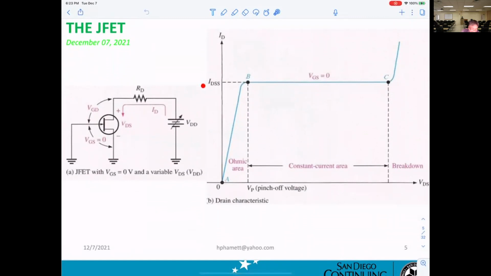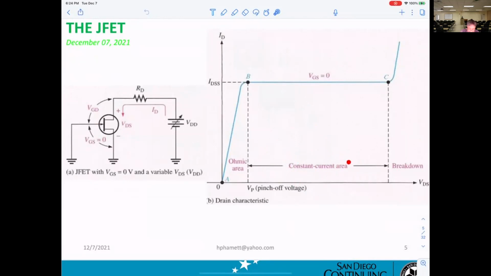So if VGS equals 0, then you get the maximum current. That's what they call IDSS. IDSS means the maximum current when VGS equals 0. So from B to C, this area is called the constant current area.